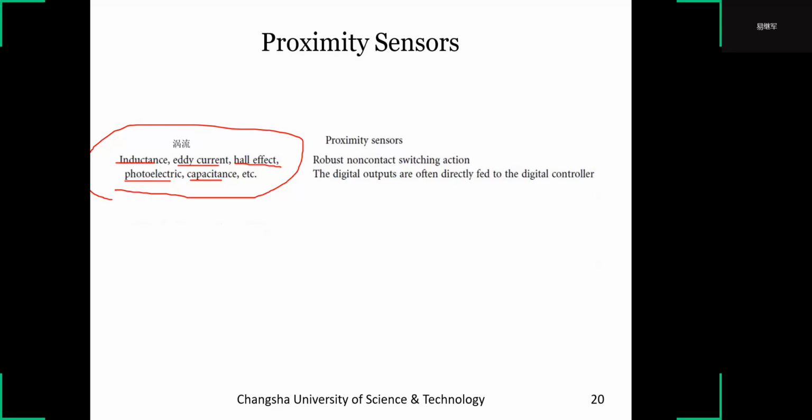If we want a digital output we sometimes use digital sensors. The same type of proximity sensor can be used with a digital output or an analog output.